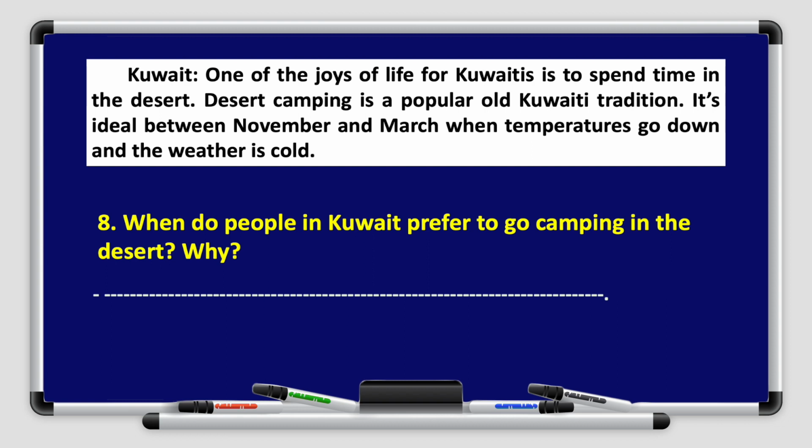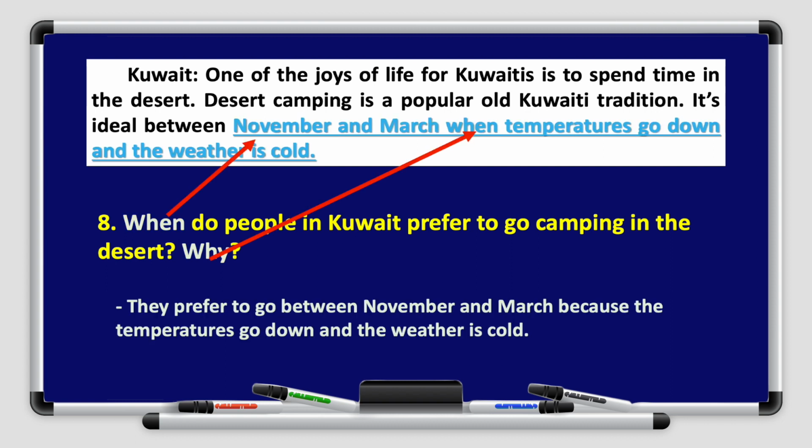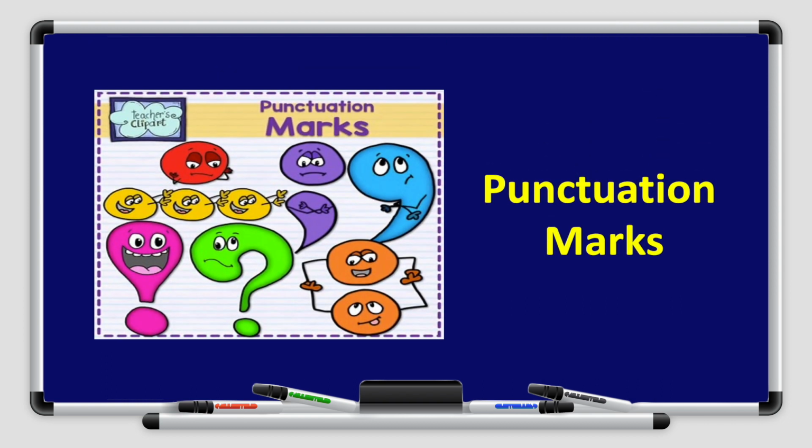Why? So when exactly? The weather needs to be colder. Which months? As underlined, they prefer to go between November and March because the temperatures go down and the weather is cold. So now we ended the section of reading comprehension.